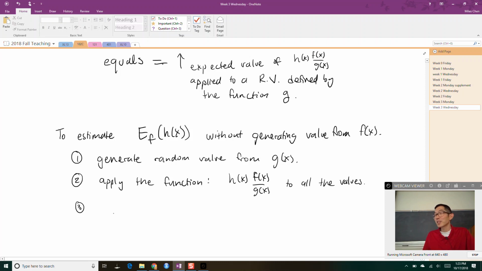It's exactly what you think we should do, which is take the sample mean, right? Okay, and this works. Yeah. And take the sample mean. Okay.